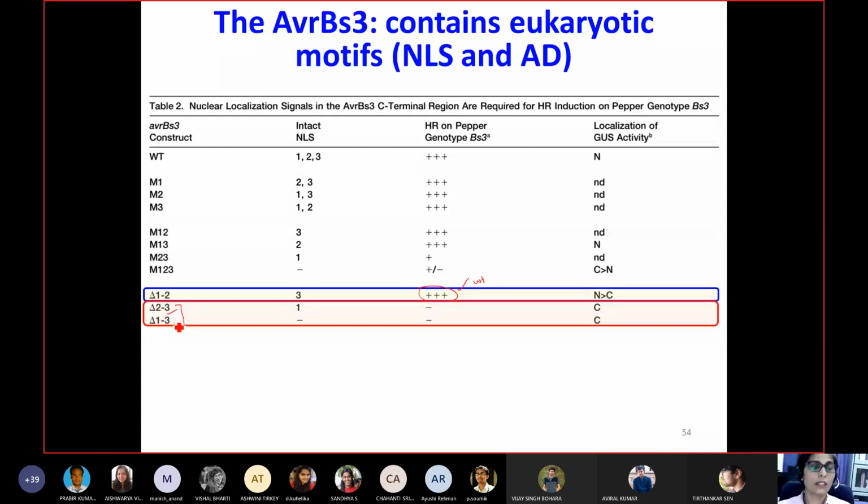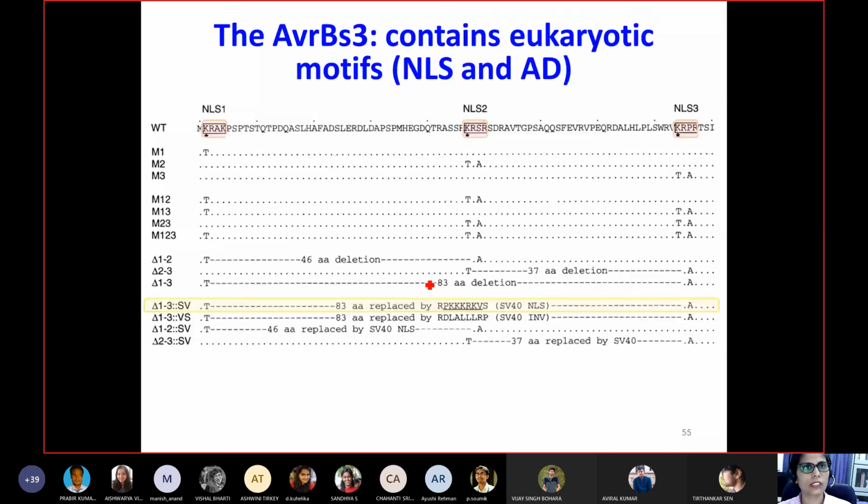Then the main question is whether this is important and whether you can rescue these kinds of effects. For rescue, what you see here is the SV40 NLS sequence. SV40 is a virus, and it also has nuclear localization signals, right?